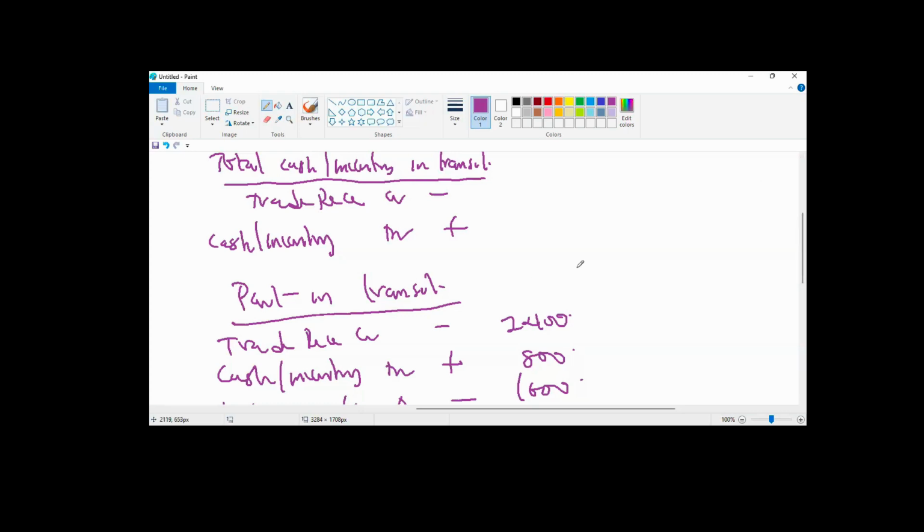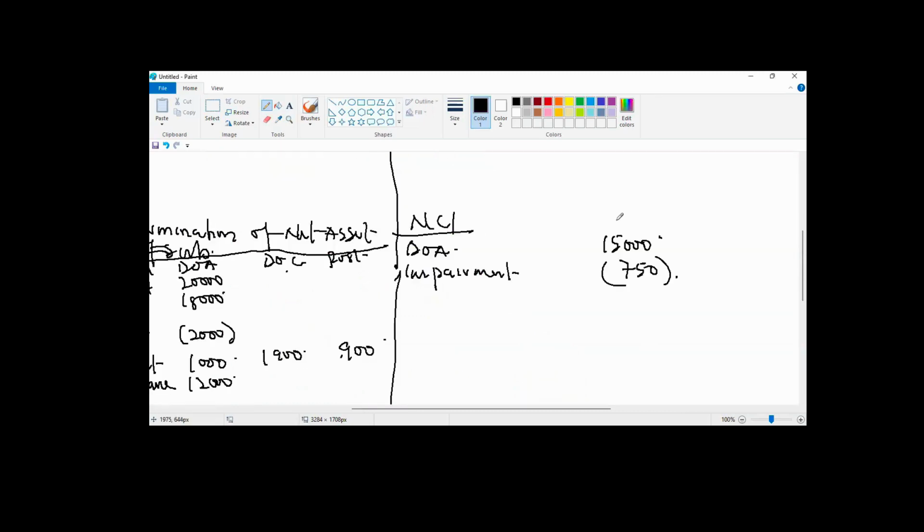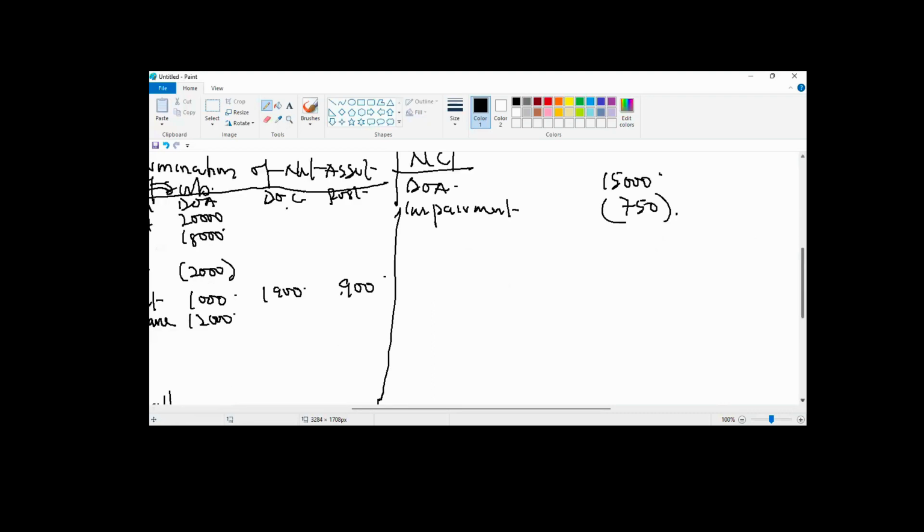I'm just going to consolidate. I can get my net assets. This is the net assets. I'll sum everything together.